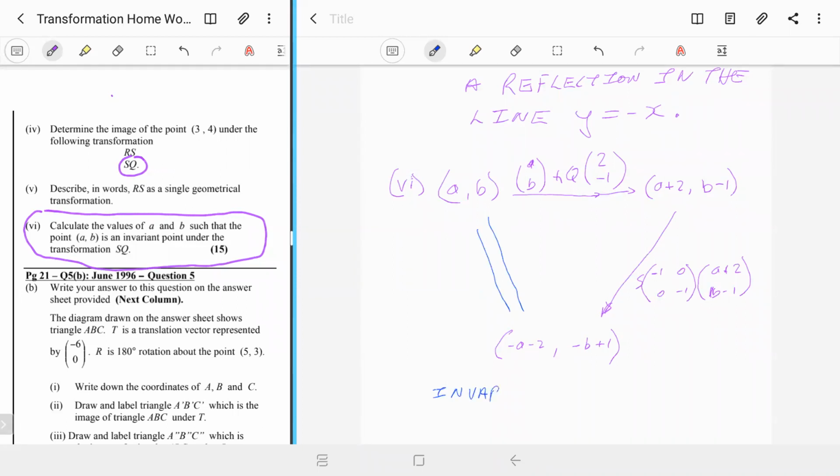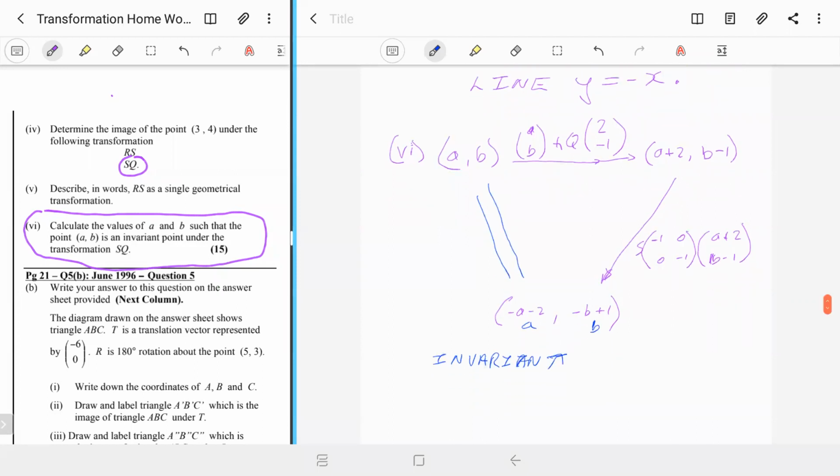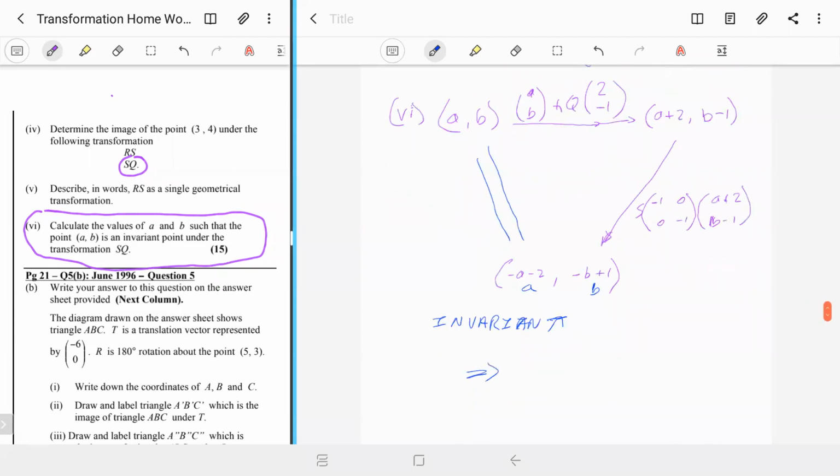If it's invariant, this will be equal to A, and this will be equal to B. Because an invariant point means that my minus A minus 2 is equal to A. Where you start and where you finish must be equal.